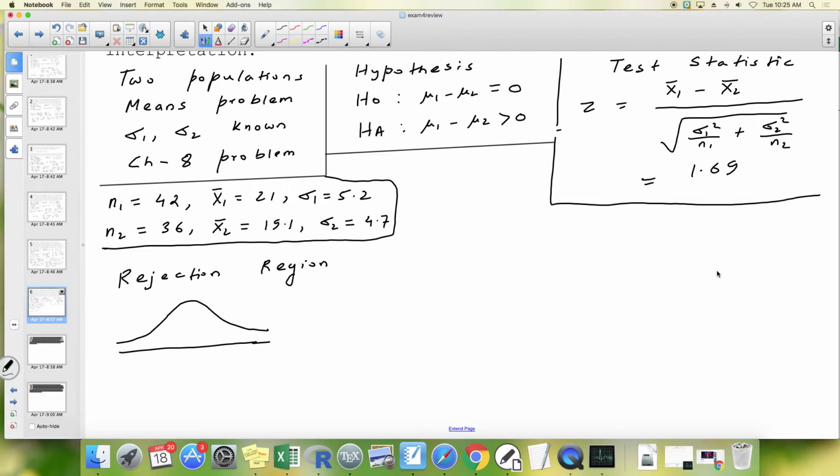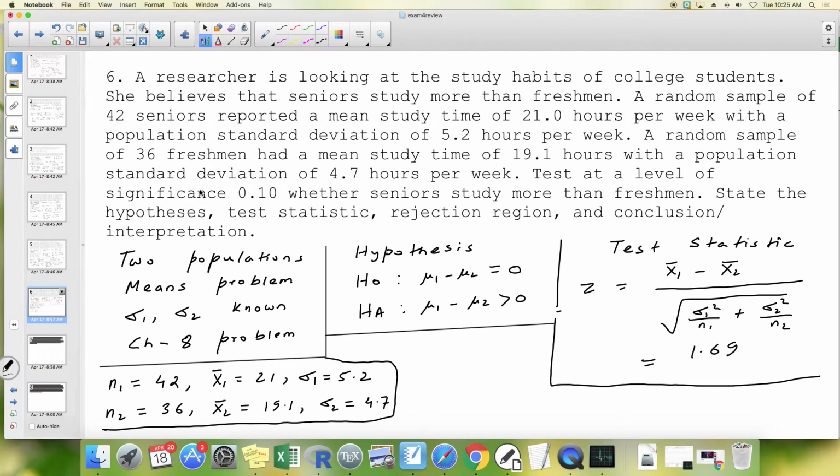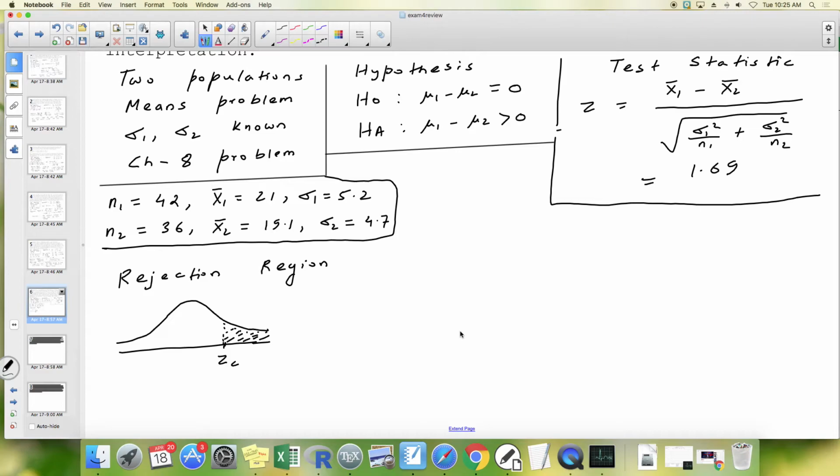It's a right tail test. So there should be something like ZC here. And how fat should the right tail be? It should be alpha amount fat, and alpha here is 0.1. Now that means the area to the right is 0.1, so the area to the left is 0.9.